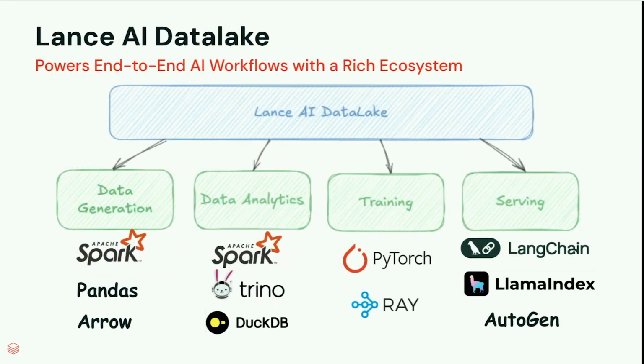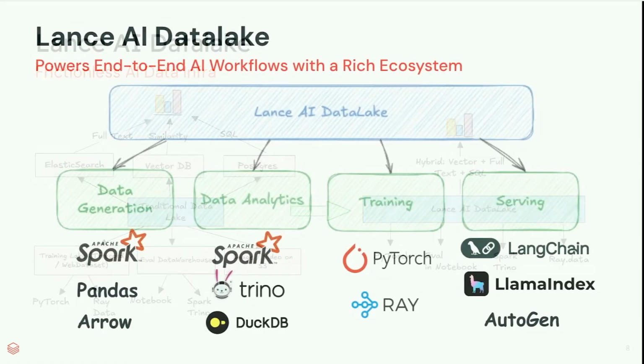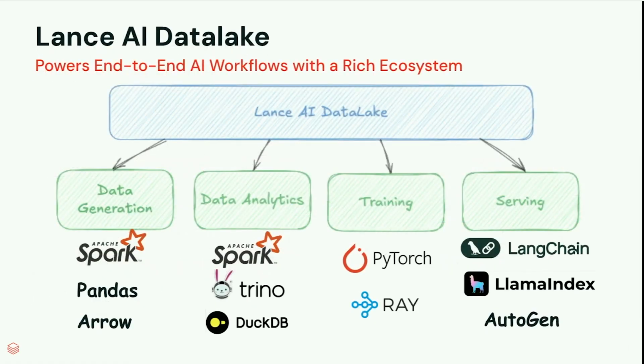And as I mentioned, the Lance AI data lake has rich functionality, but we are not trying to solve everything by ourselves. We have a rich ecosystem. You can leverage Spark, Pandas, and Arrow for data generation. Especially for Spark, you can quickly ingest your data from your data sources in a distributed way into this multimodal Lance AI data lake.